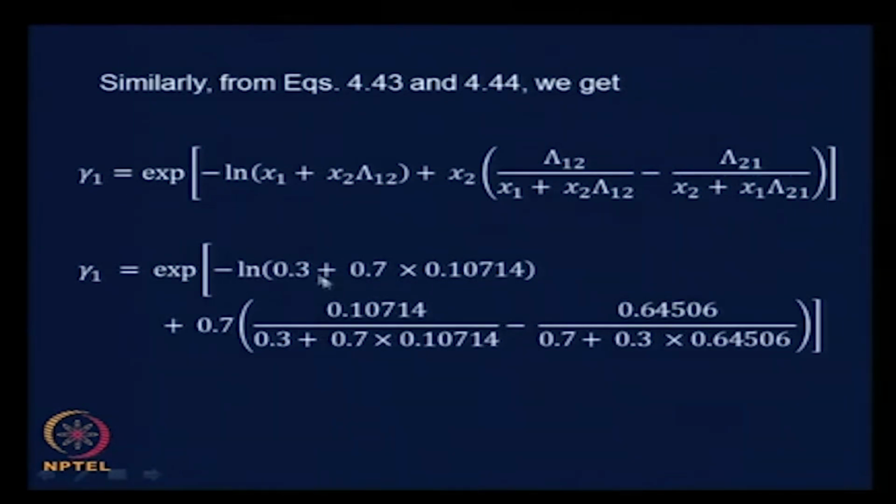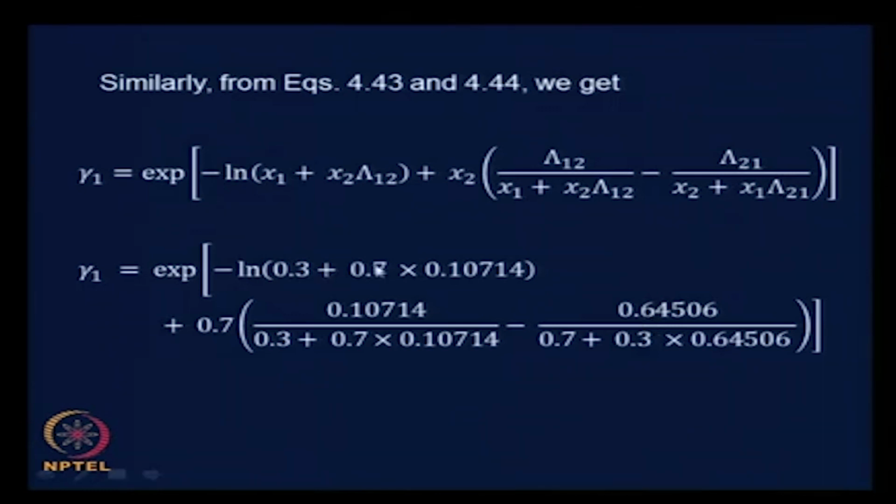Substituting the values, 0.3 and 0.7 remain the same as mole fractions of x1 and x2, isopropanol and water respectively, whereas gamma 1 2 is 0.10714 and gamma 2 1 is 0.64506. This is what was given in the problem statement itself.